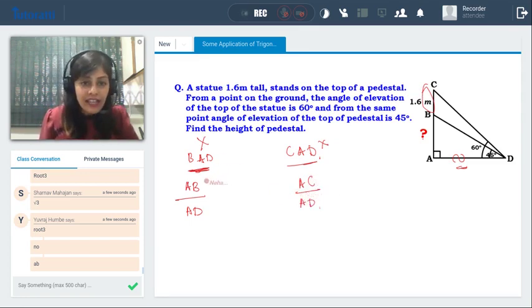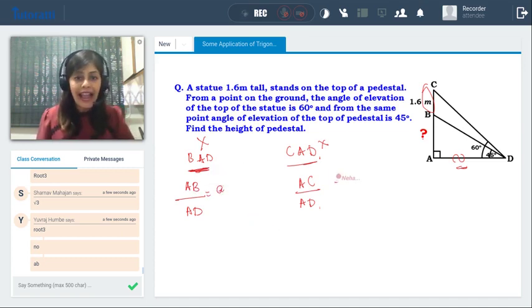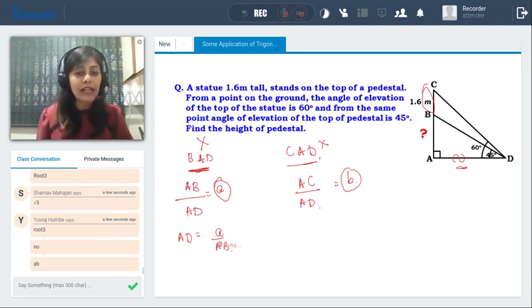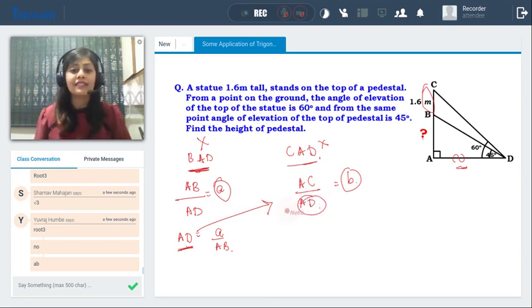Now, students, pay attention. If I say some ratio A is equal to AB upon AD, and I say B is equal to AC upon AD, just per se, this is some ratio A and B. Now, if I say A is AB upon AD, can I say AD is equal to AB upon A? Yes, I can say that, right? And once I know this value of AD, what I can do is substitute this value of AD in this place.